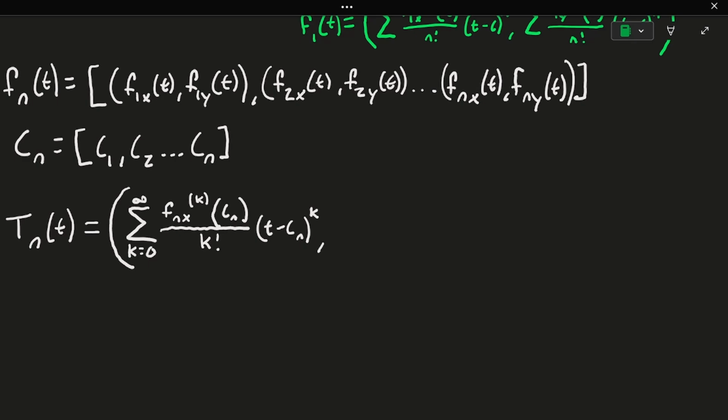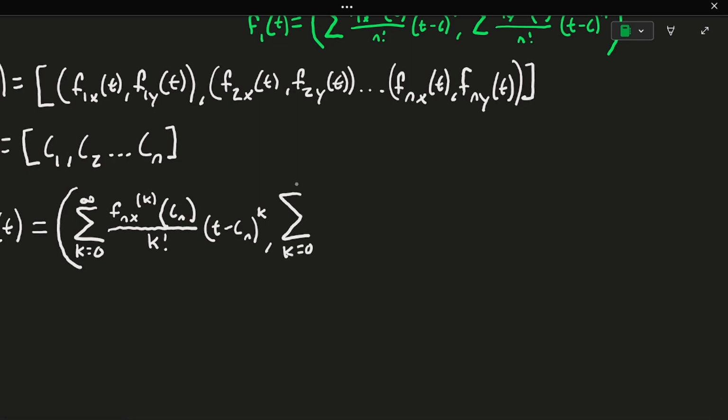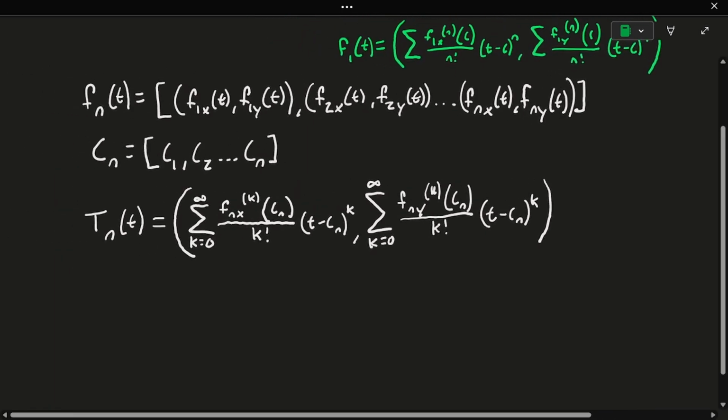And then we can do basically the exact same thing for the y, except using fny. So we have the sum k equals 0, infinity, f n y, that's the kth derivative of that, evaluated at Cn, our center point, divided by k factorial, multiplied by t minus Cn to the power of k. And there you go.